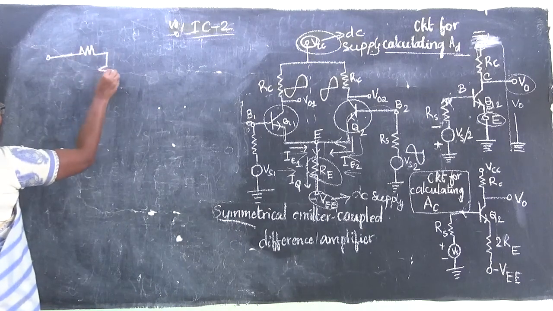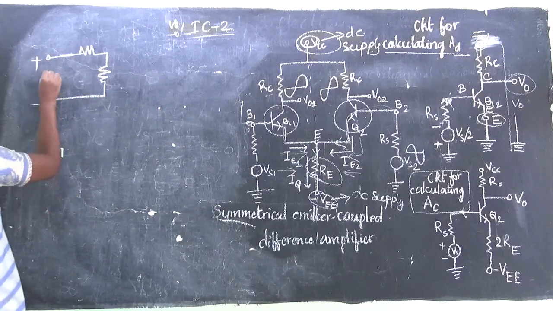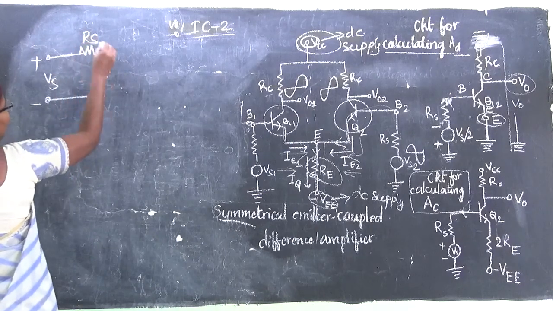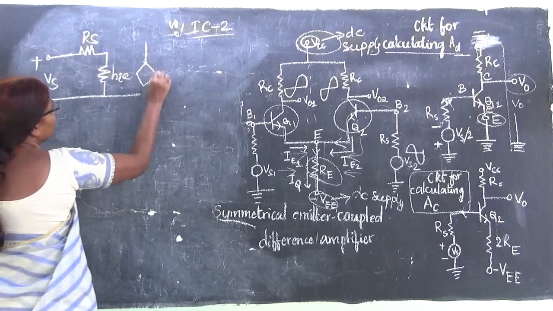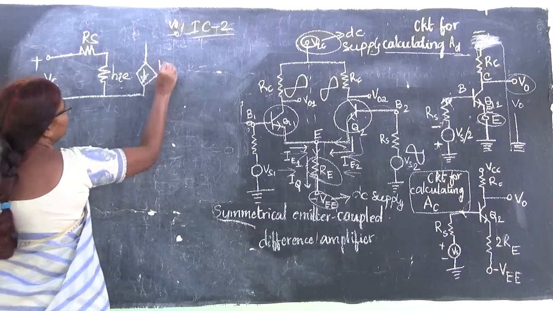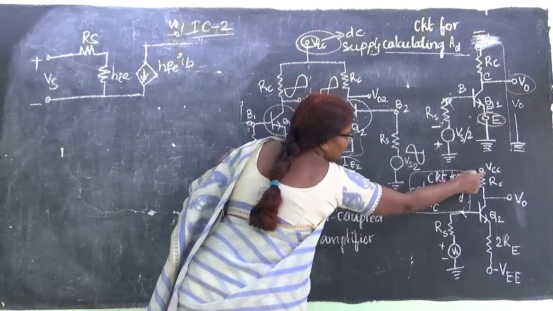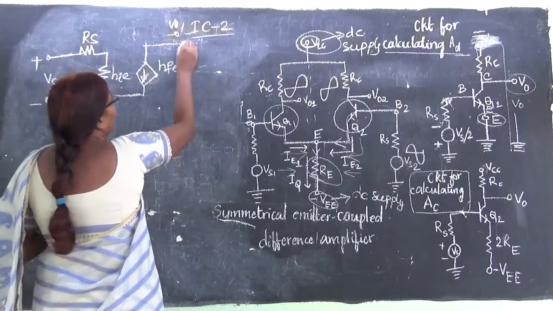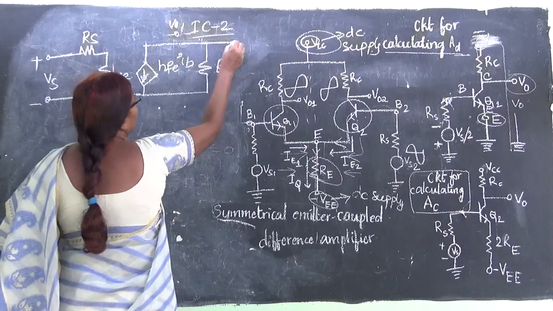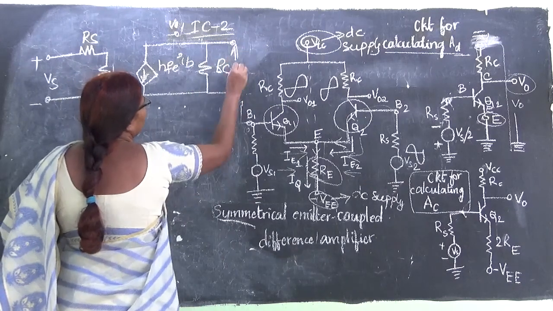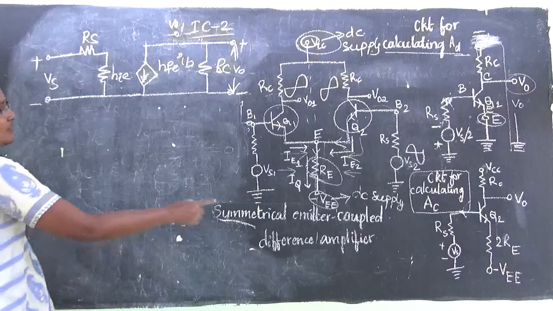So this is Rs and this is HIE, and this is my signal source, here plus, here minus Vs, and this is Rs, and this is HIE, and this is going to be HFE IB, same thing, and my RC, this will be ground, so it will come down, and this is RC, and this is V0, plus and minus.